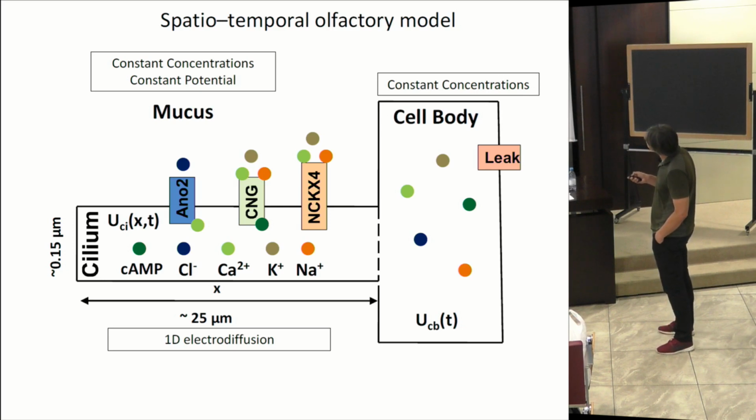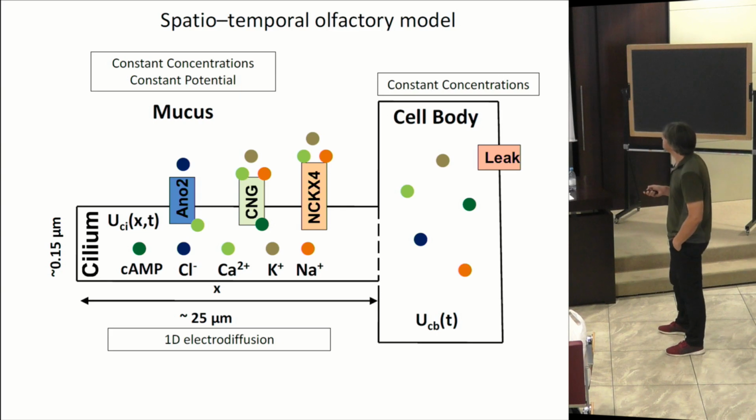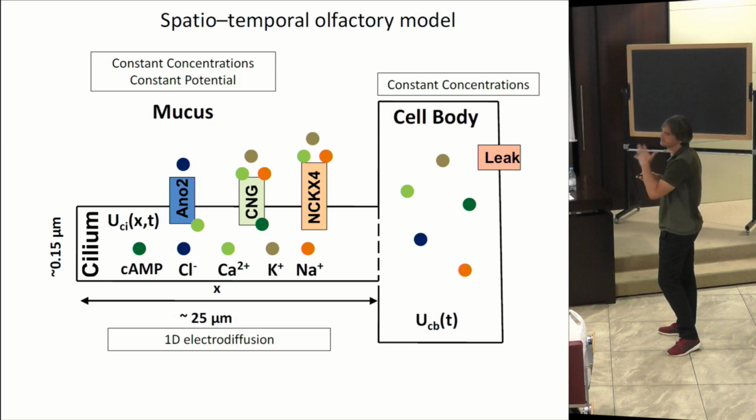So basically it works like this: sodium flows in and potassium and calcium are extruded. So the sodium driving force really drives this exchanger. Here this is all time dependent, in the cilium. In the mucus I assume that the concentrations are constant because the space is much bigger, but this is a first simplification, so later on you can relax this.